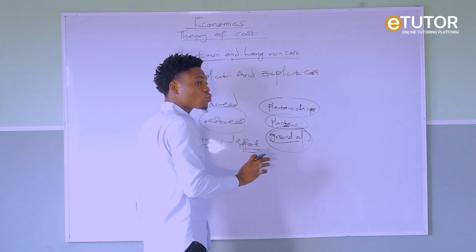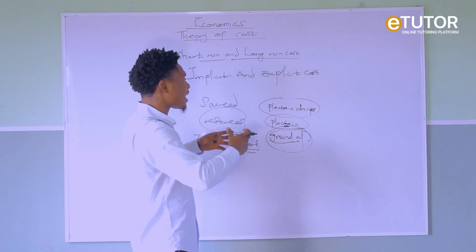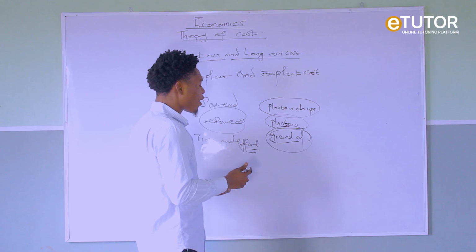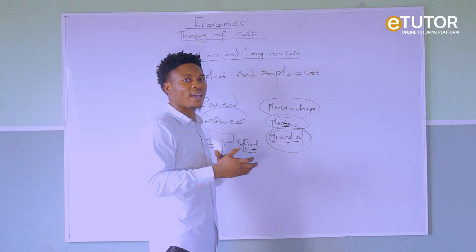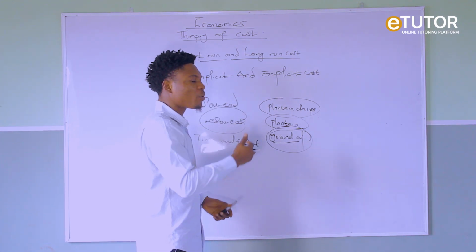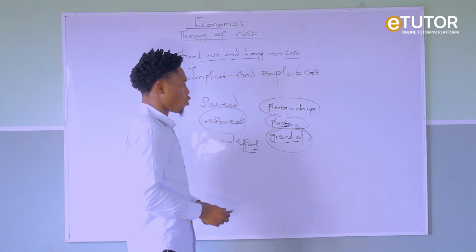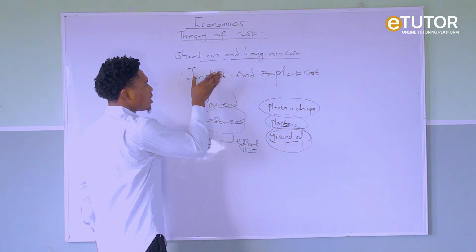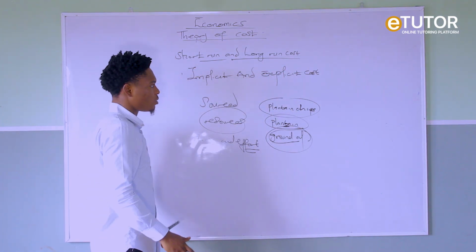Such cost is called implicit cost. Or if it is a large scale production and I have people that work for me, maybe because we are family and they are not collecting money, it is still an implicit cost. But if I employ labor from outside and I'm paying money, it is explicit cost. So that's just the difference between implicit cost and explicit cost, right?